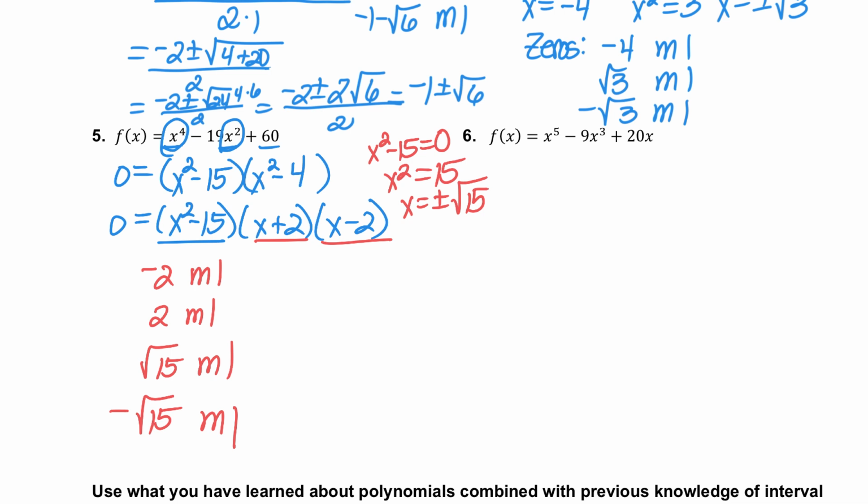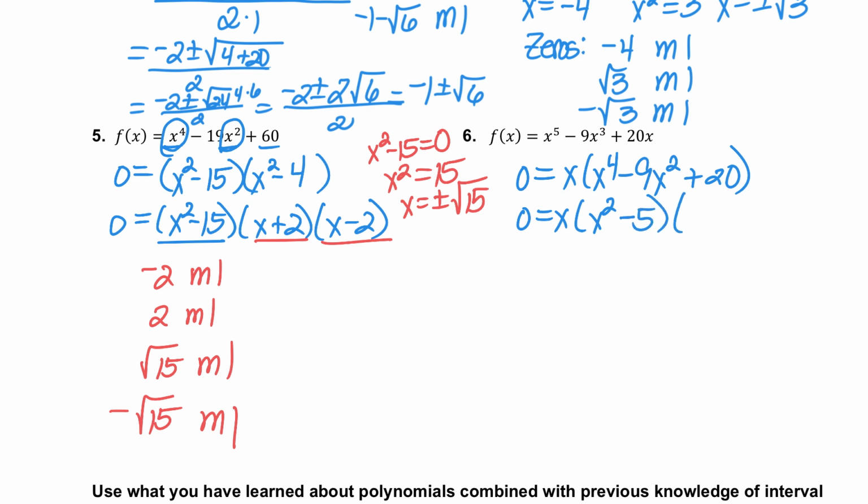Okay, so on this one, set it equal to 0. I can factor out an x. That leaves us with x to the 4th minus 9x squared plus 20. Okay, now I can factor that into x squared minus 5, 5 and 4, and x squared minus 4. Okay, and that lets me factor this one some more.